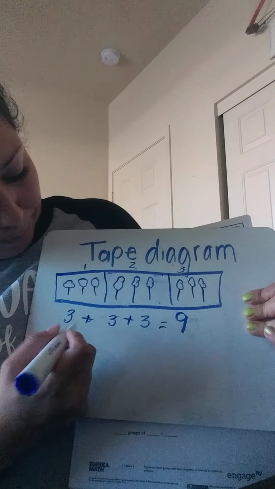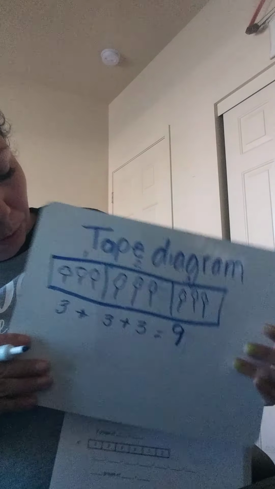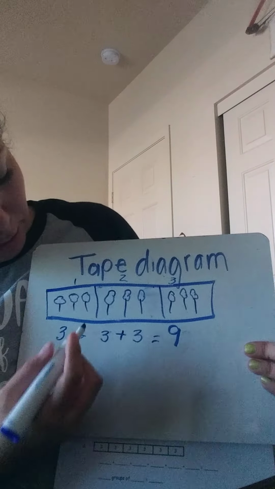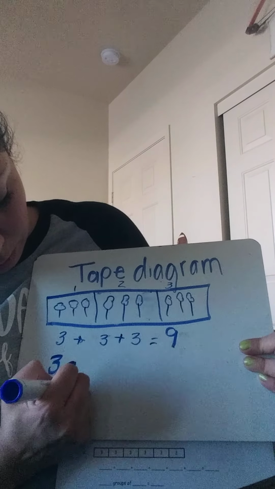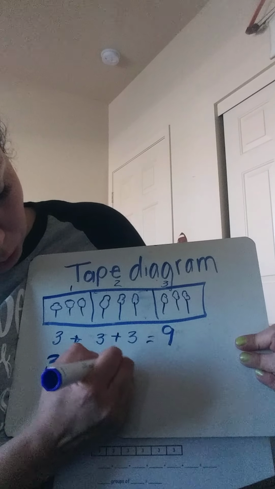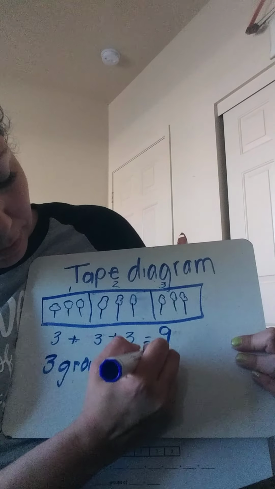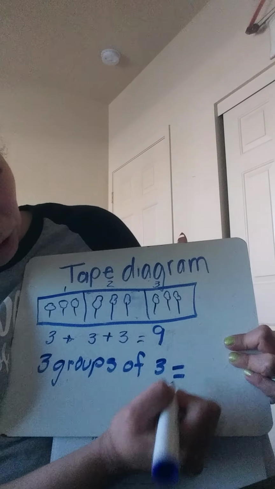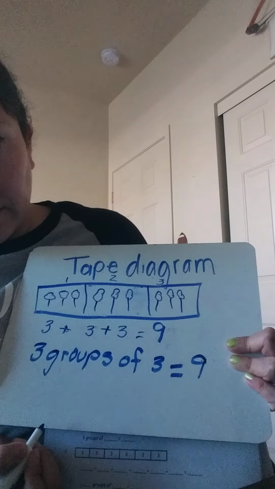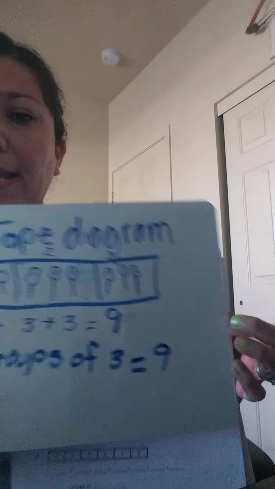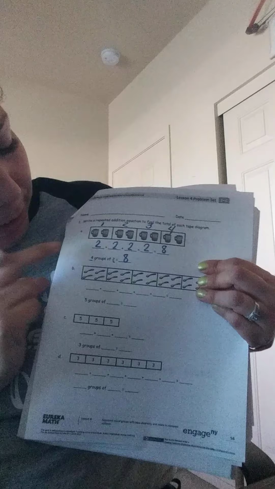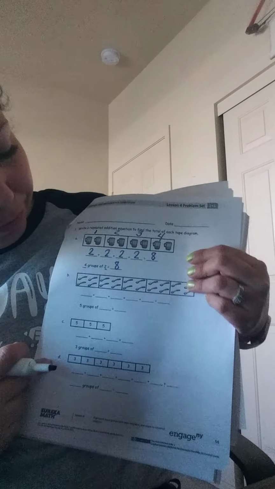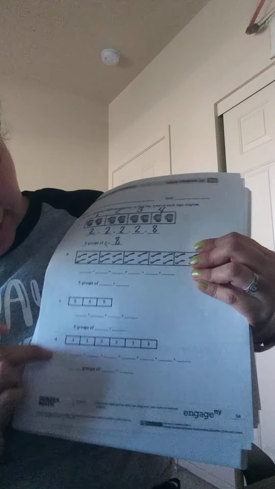And we write down, we have 3 groups of 3 equals 9. Okay? So that's basically how we're going to be doing B, C, and D. So I will try to do B, and then the students can do C and D.